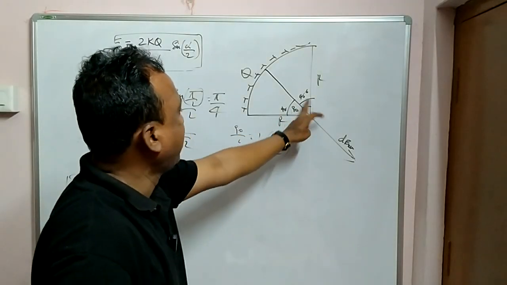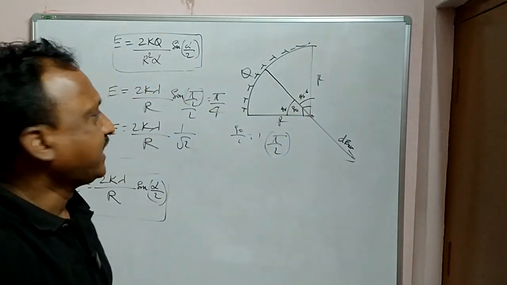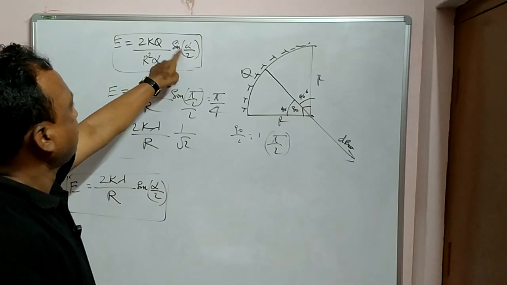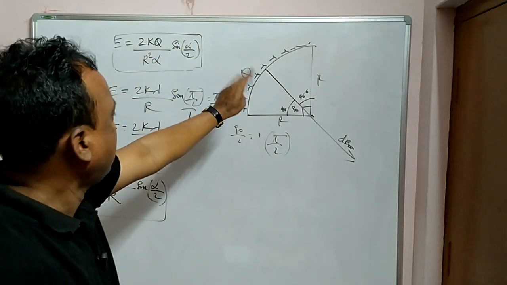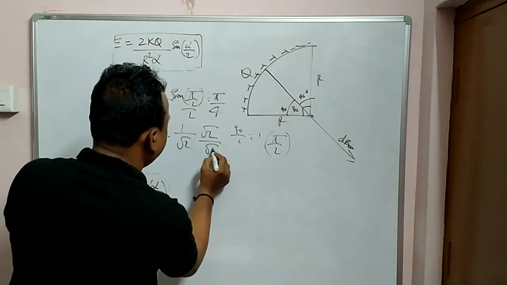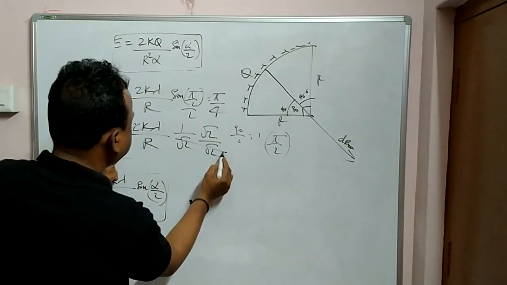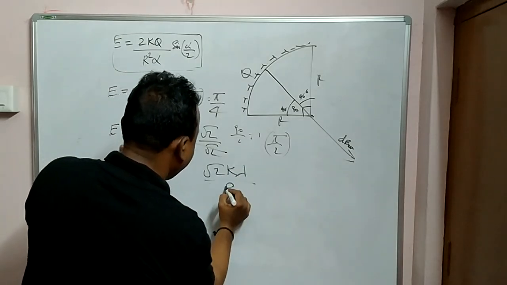So what is the total angle here? 90 degrees. 90 by 2 is 45, and sin 45 is 1 by root 2. Solving again, multiply and divide by root 2 and it cancels, giving root 2 k lambda by r.